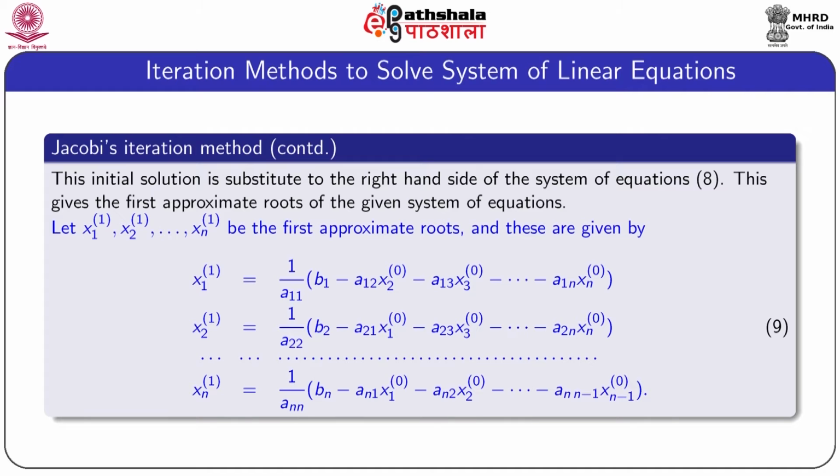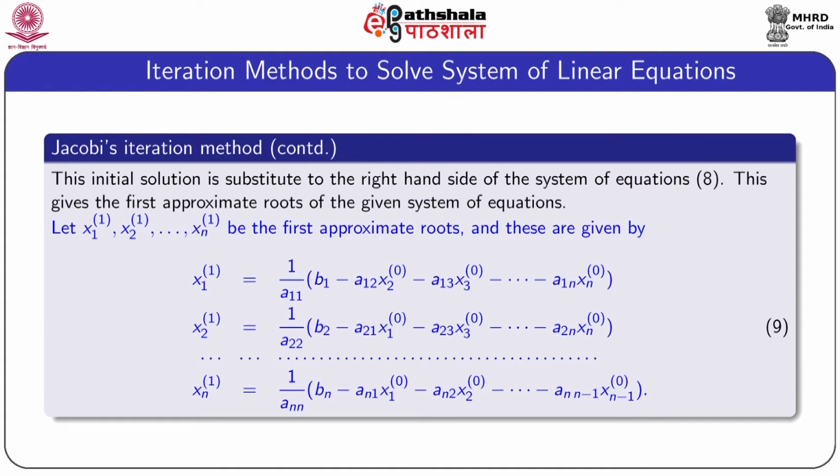Let x1^1, x2^1 and xn^1 be the first approximate root of the system of equations, and these first approximate solutions are obtained by the following system of equations. That means x1^1 is obtained by the formula 1 by a11 into b1 minus a12 x2^0 minus a13 x3^0 minus ... minus a1n xn^0.